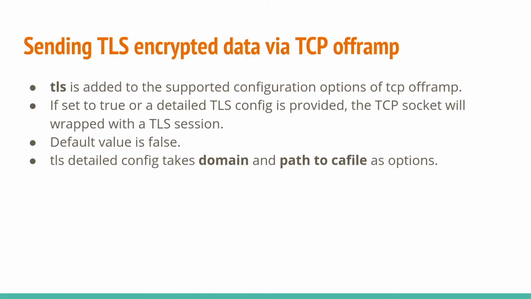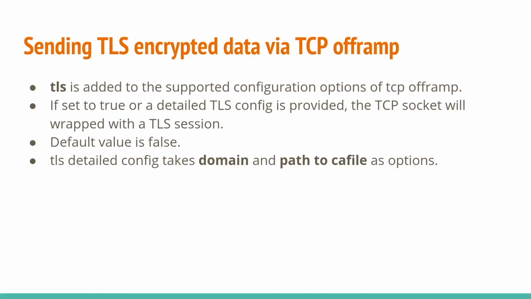Now the second part was sending TLS encrypted data via TCP off-ramp. TCP off-ramp, as we already discussed, connects on a specified port for distributing outbound TCP data. To its supported configuration options, TLS was added.